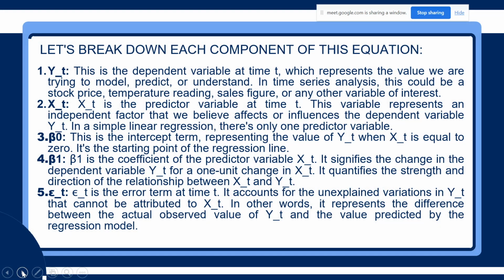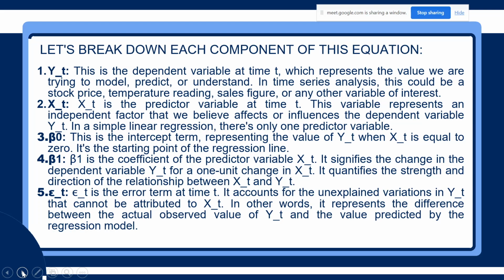So let's break down each component of this equation. So first is the y underscore t. So ang y underscore t is the dependent variable at time t, which represents the value we are trying to model, predict, or understand. In time series analysis, this could be stock price, temperature reading, sales figure, or any other variable of interest.